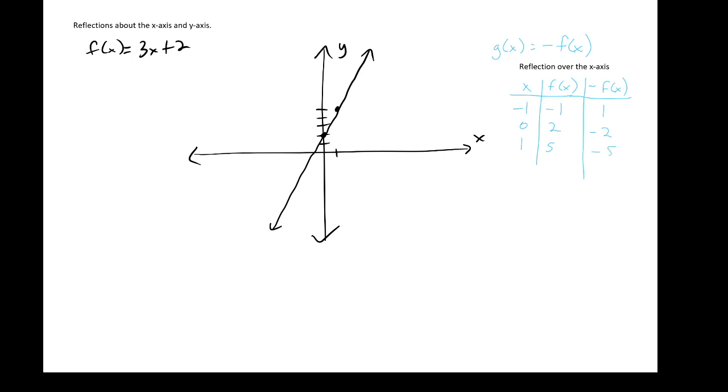So x is -1, this guy is going to be a +1. 0, it's going to be a -2. 1 is going to be a -5.